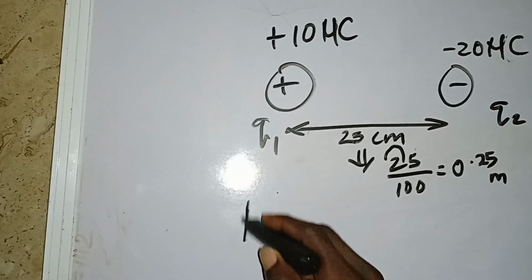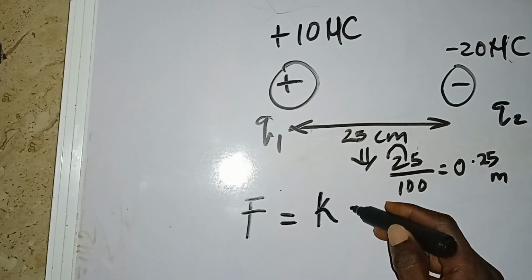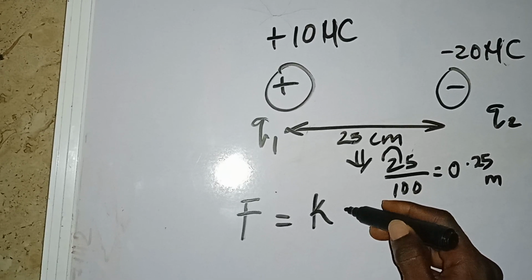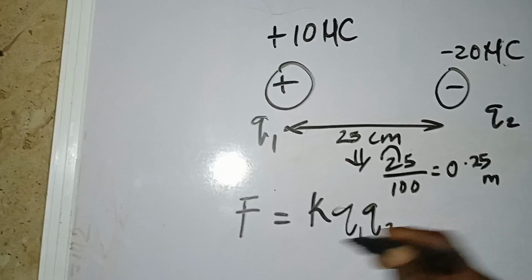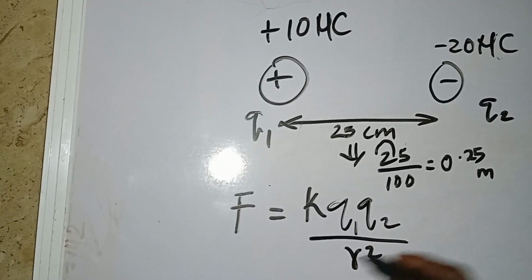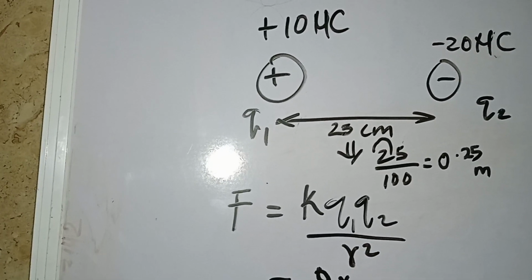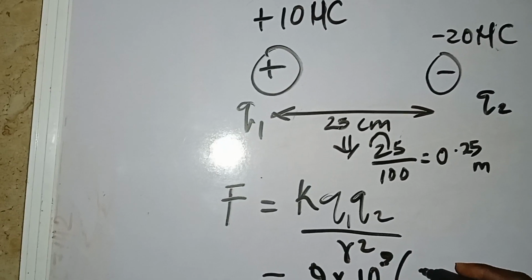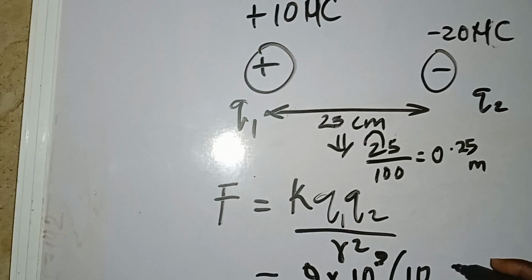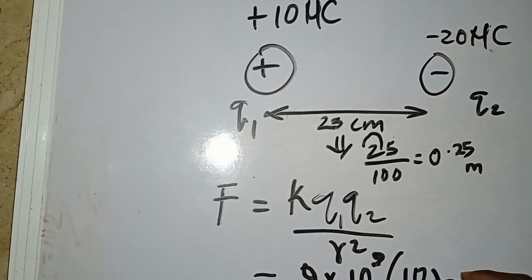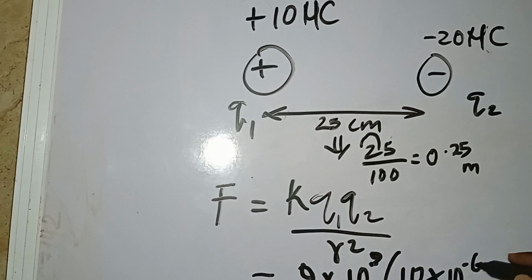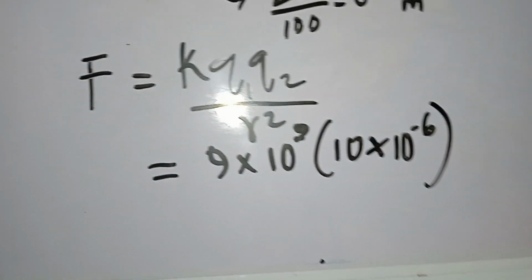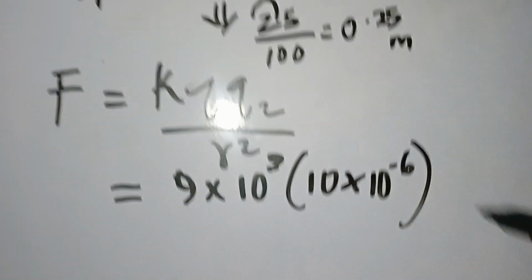Calculating this, I will now have that F equals the electric field constant K times Q1 Q2 all over R square. K is equal to 9 times 10 raised to power 9, times 10 times 10 raised to power minus 6, converting this to coulomb, all into 20 times 10 raised to power minus 6.